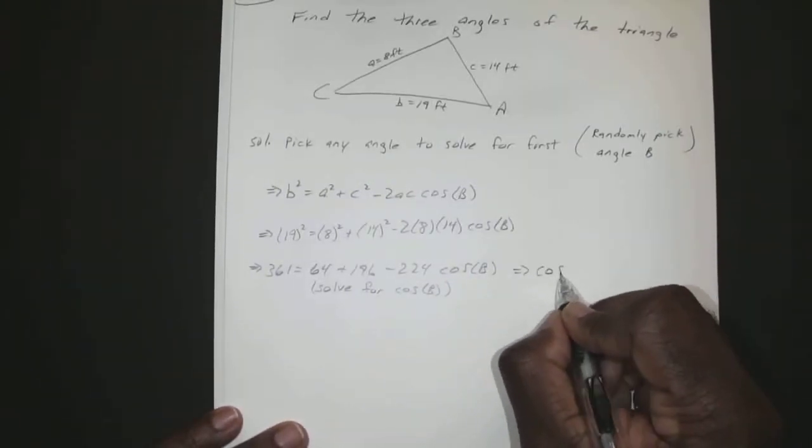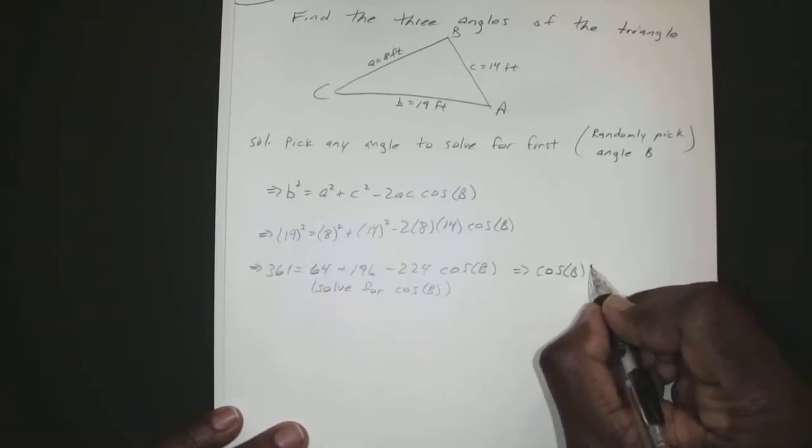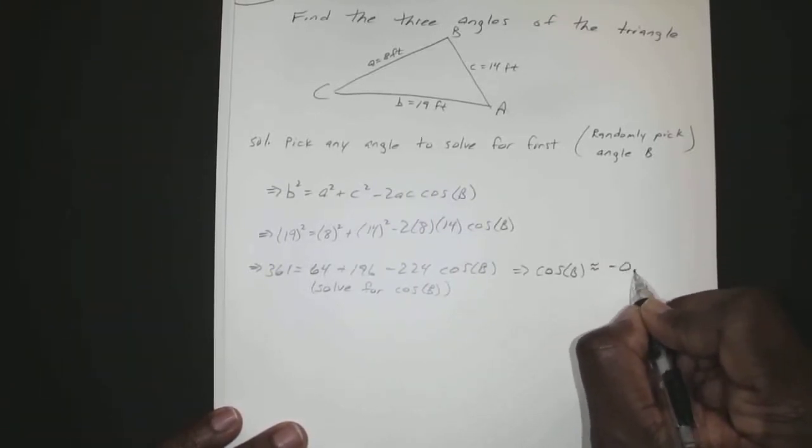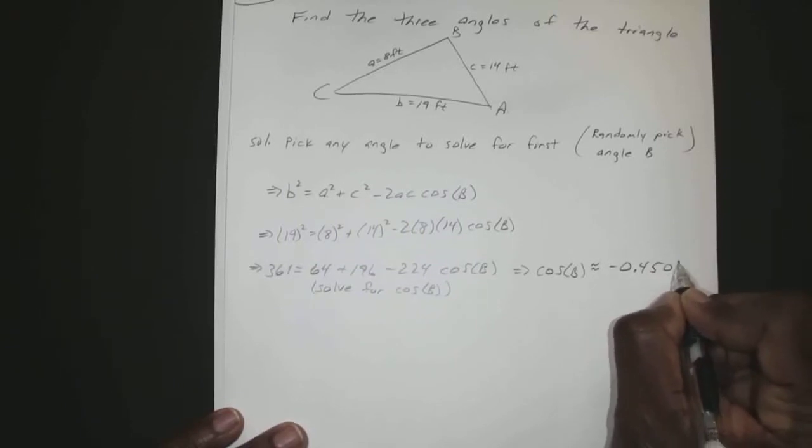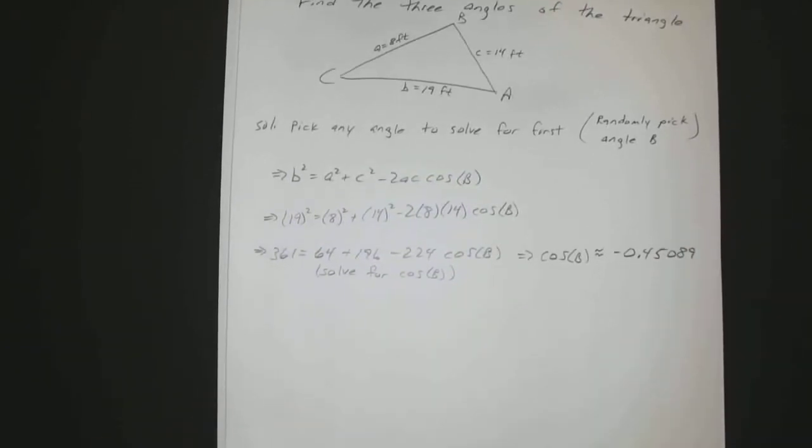So cosine of B is actually equal to negative 0.45089 once you get done dividing and subtracting and everything else.